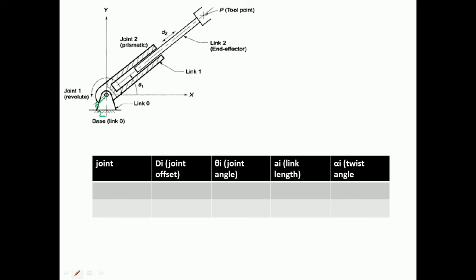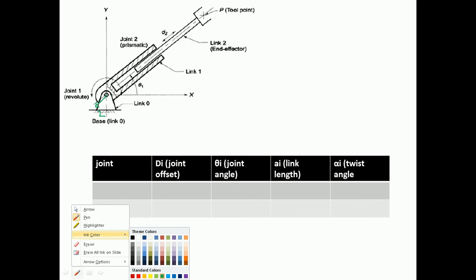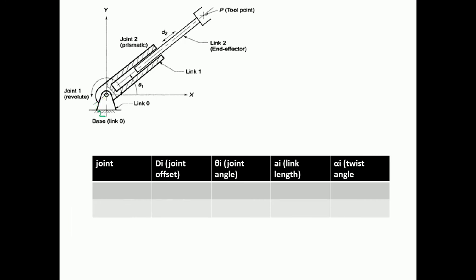I am just changing the color so that it is more visible. First I am going to erase. So over here I am going to take red color. So this is the z axis, the x axis is perpendicular to this line, sorry, this is x, and this is y.